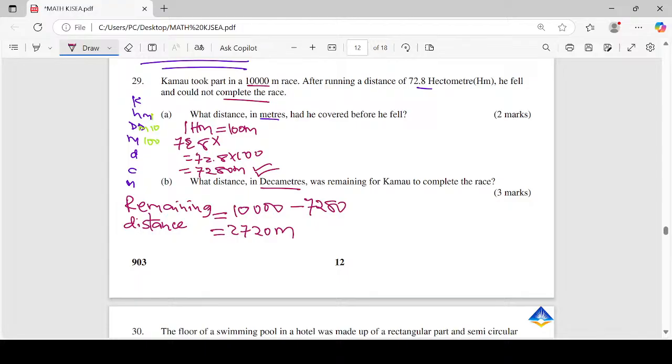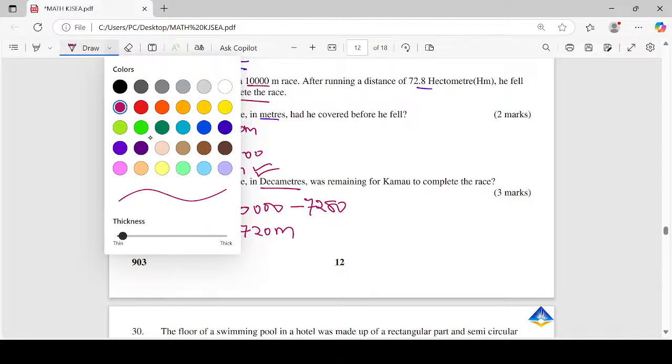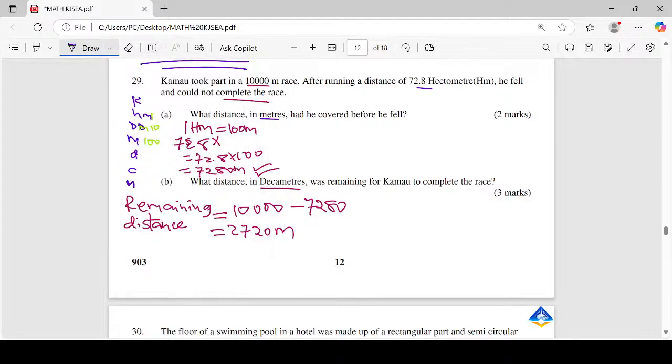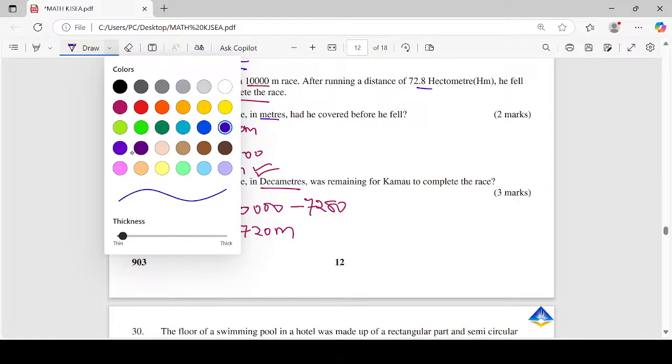So let's see the relationship between the two. Let me use a pen of different ink.